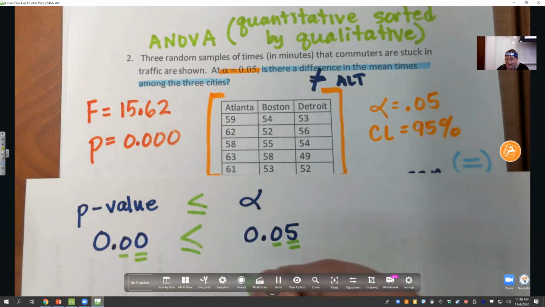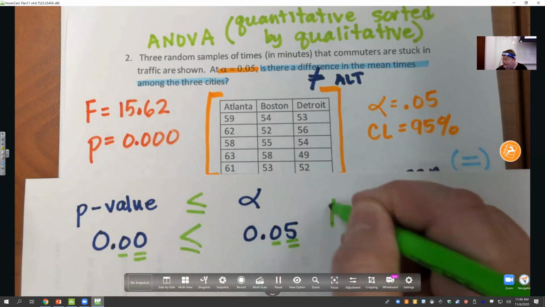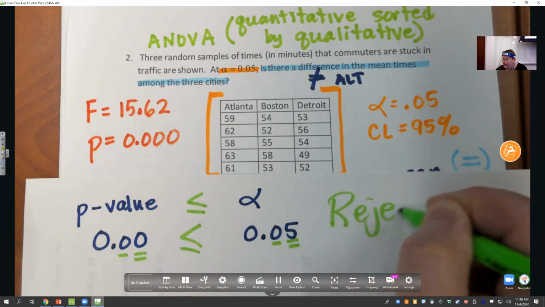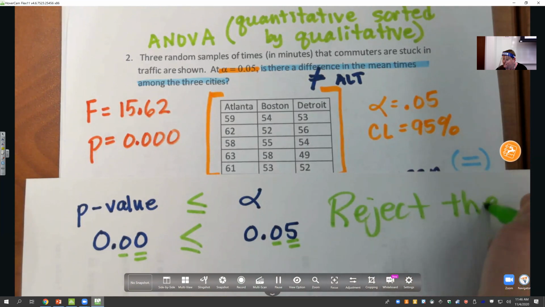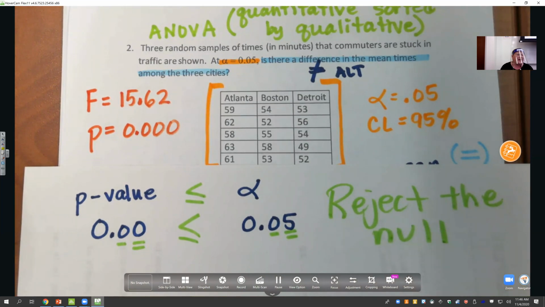When P is less than or equal to alpha, you reject the null. That guideline hasn't changed. It's not going to change. When P is less than alpha, we always reject the null.